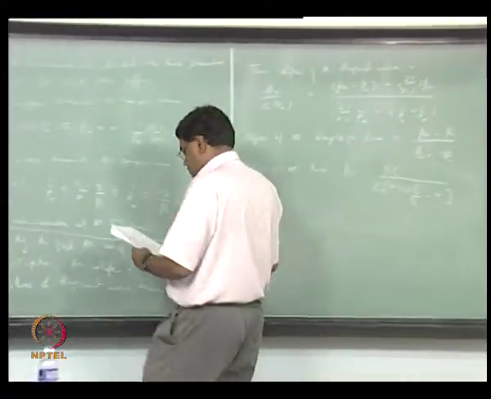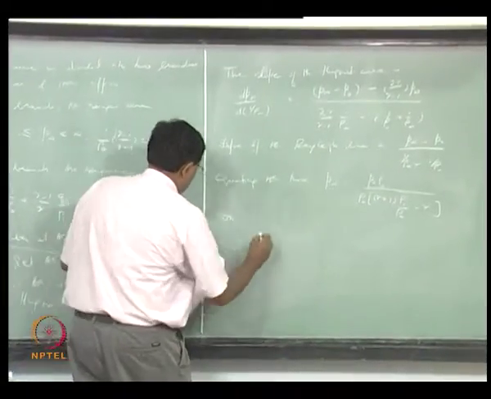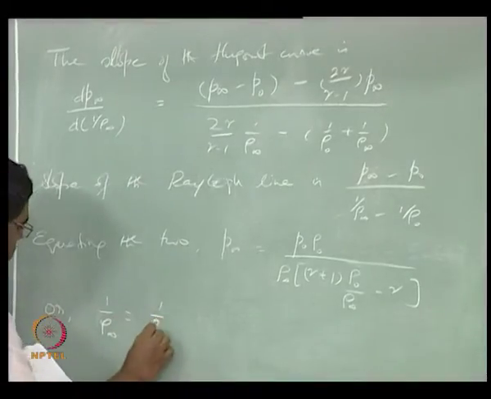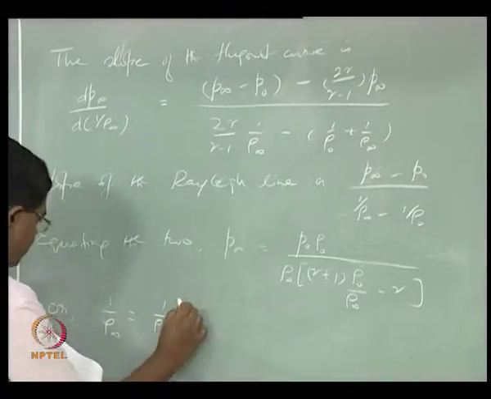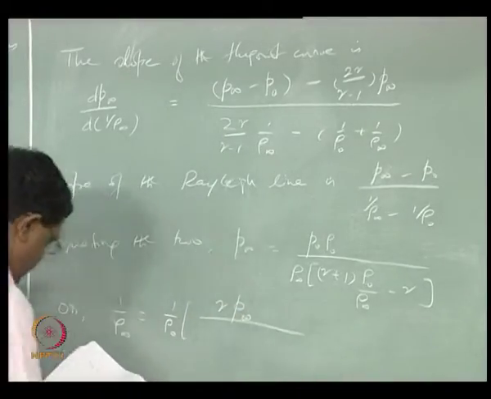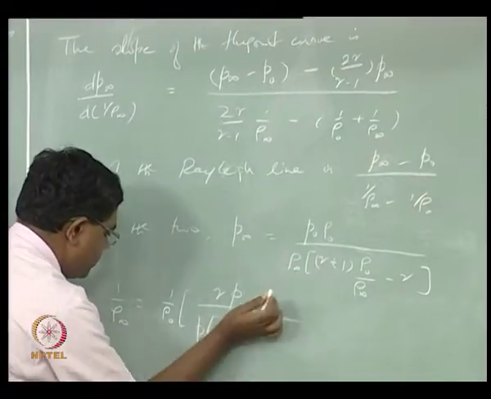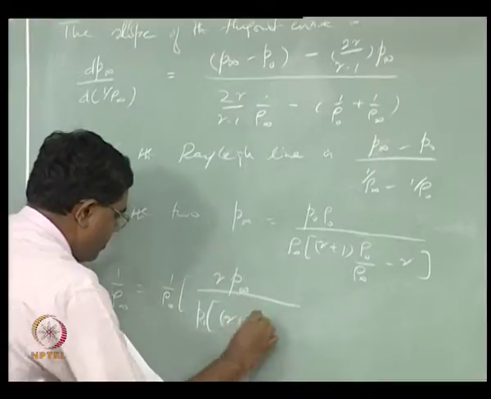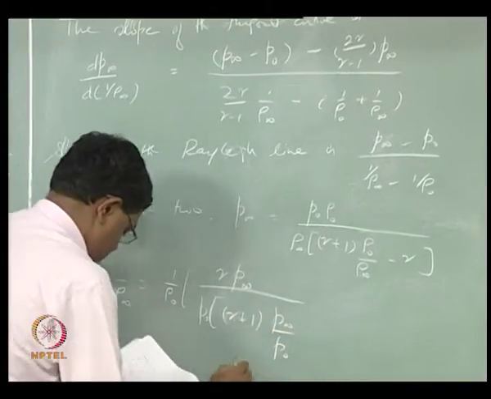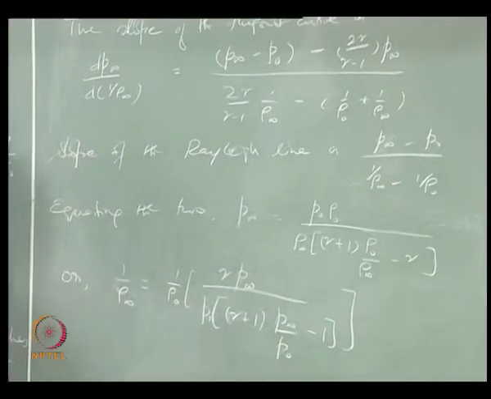So 1 over rho infinity equals 1 over rho naught times gamma p infinity divided by p naught, divided by (gamma plus 1) p infinity divided by p naught minus 1, okay.